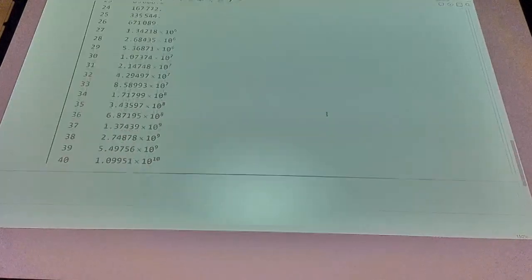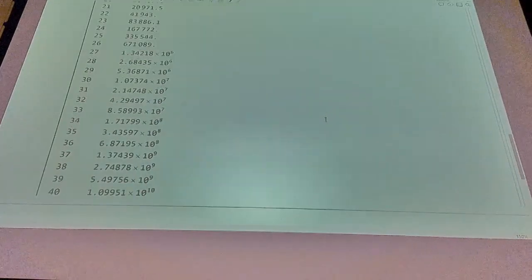If I increase it to 40 days, it's just about 11 billion, just another 10 days. That's another 3 magnitudes.